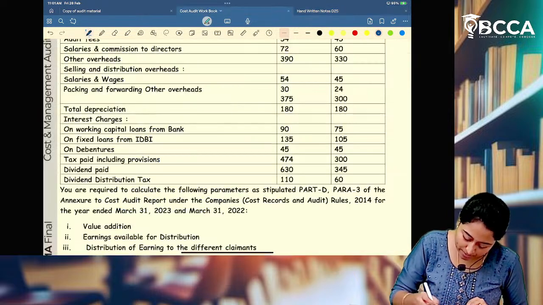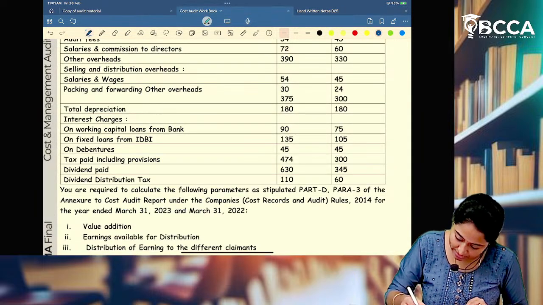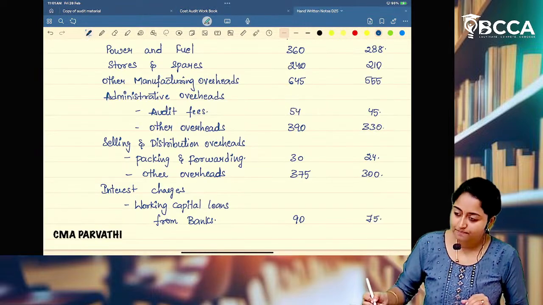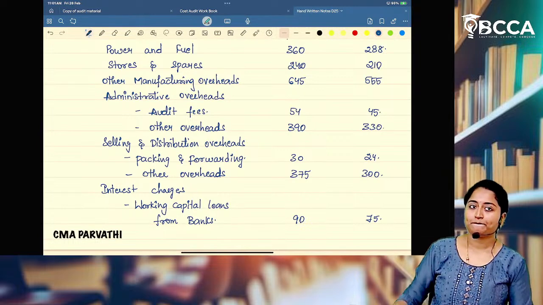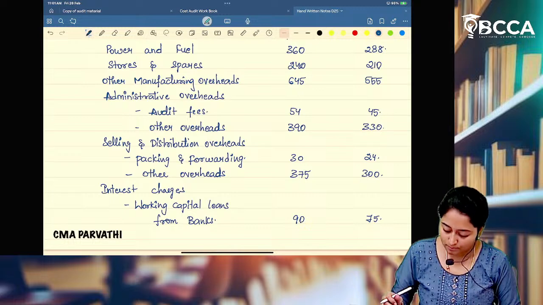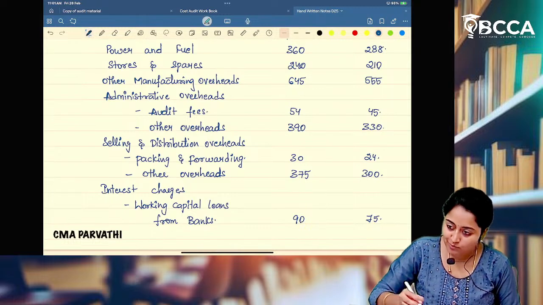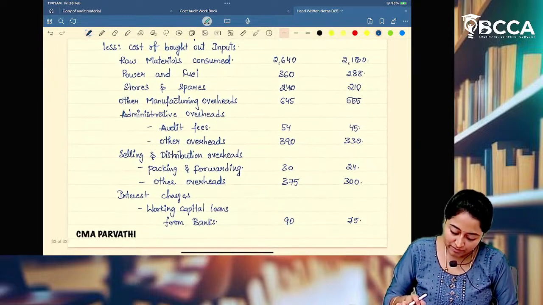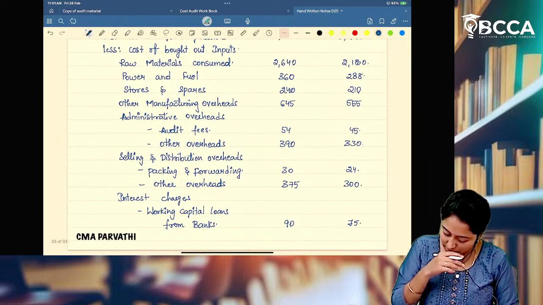How much is working capital loans from banks? 90 and 75. Clear? Now give me the total of cost of bought out inputs.